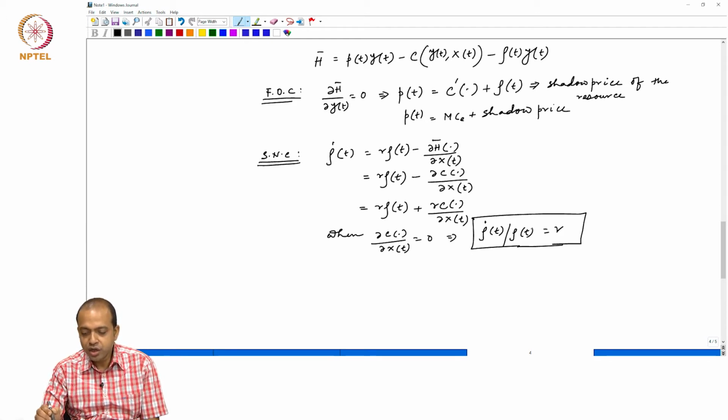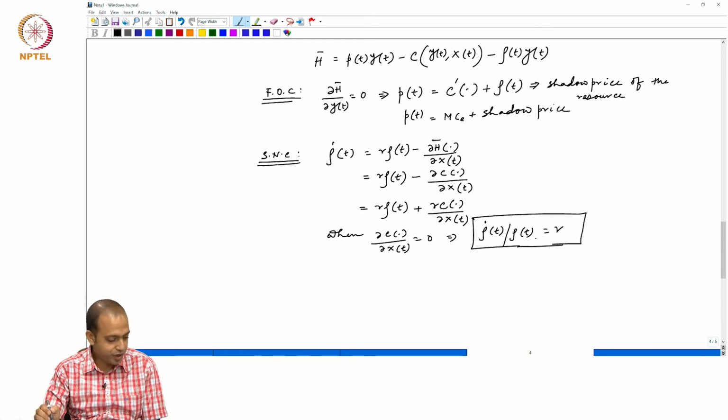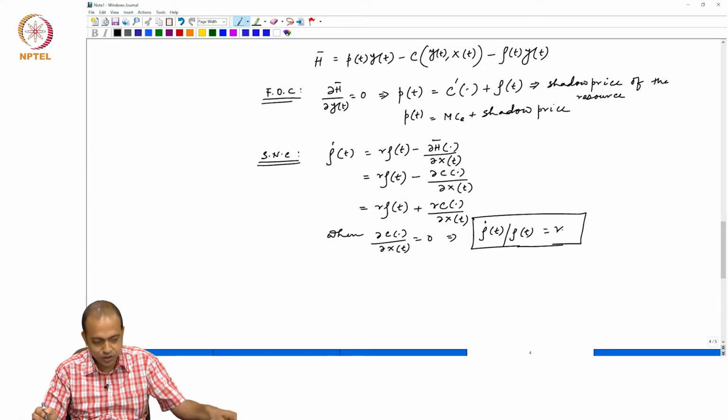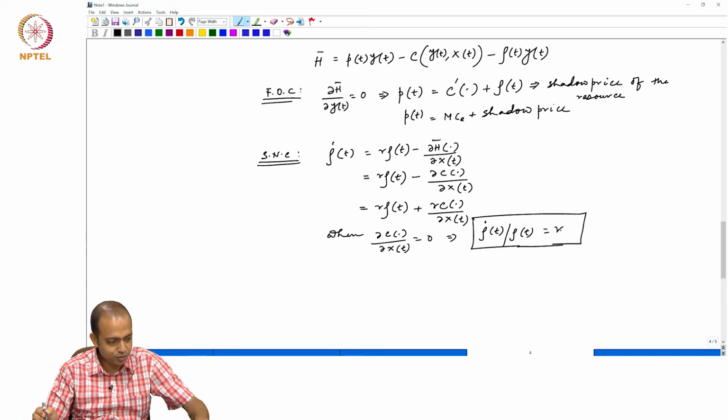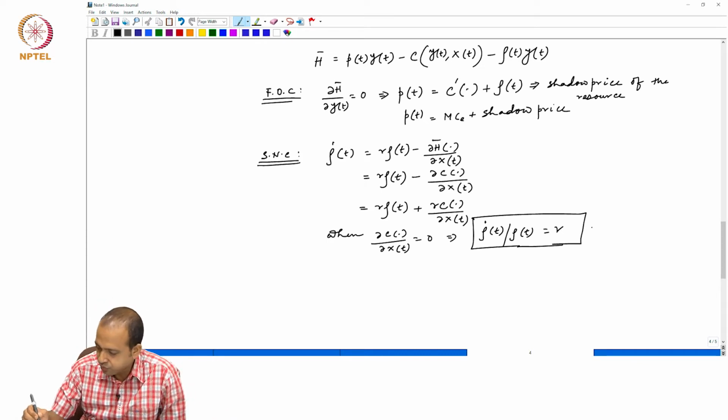What is rho dot T divided by rho T? This is basically growth of shadow price. So, when there is no stock effect on cost of extraction, shadow price should grow at the rate of discount. Okay? Shadow price should grow at the rate of discount, right. So, this we can write from here.